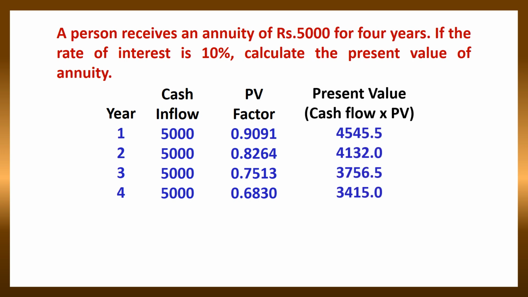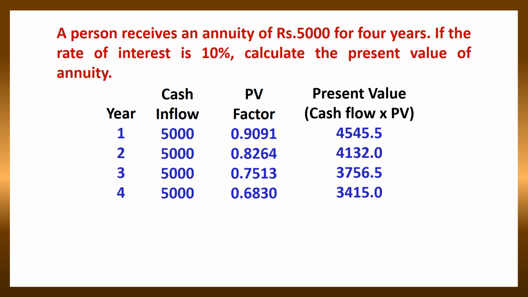So 5,000 into 0.9091 is 4,545.5. That means 5,000 received now will not be same as 5,000 at the end of first year. If we receive 5,000 at the end of first year, it is worth 4,545.5 only.